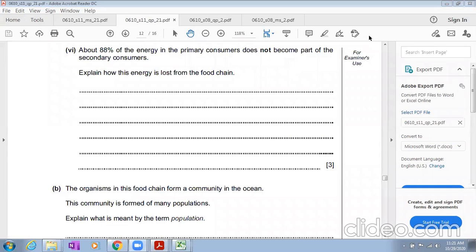The first one is some energy released in respiration, right? Respiration, good. Another one: thermal energy is released to the surroundings in the form of heat.